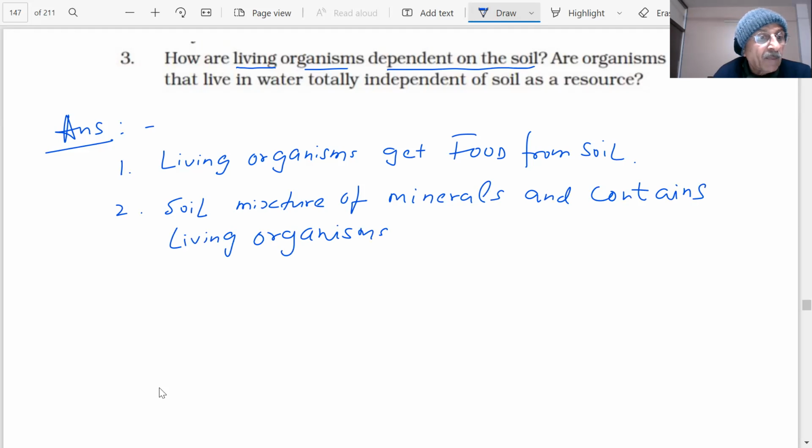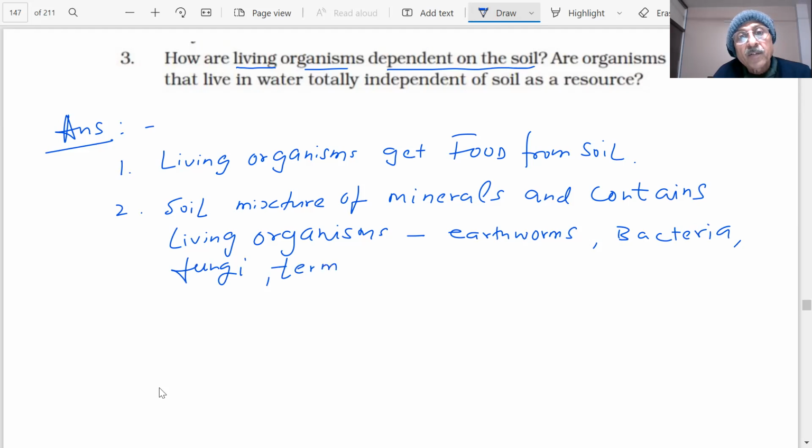What are the living organisms in the soil? You may have certain earthworms, bacteria, fungi. What are the decomposers? Termites. What is the function?